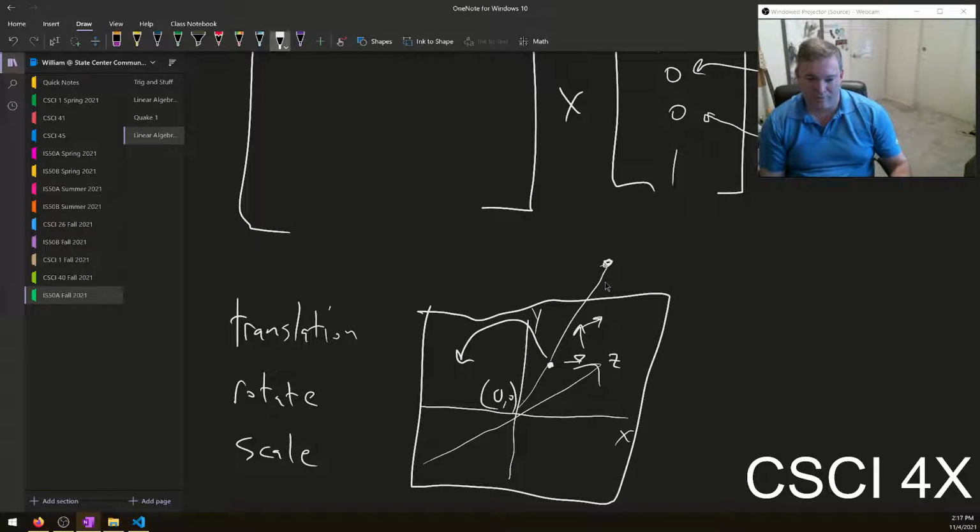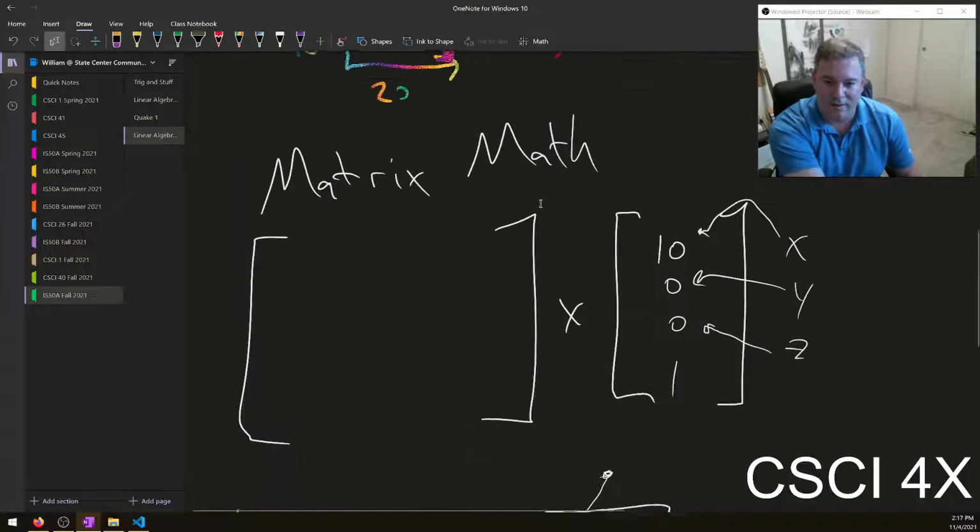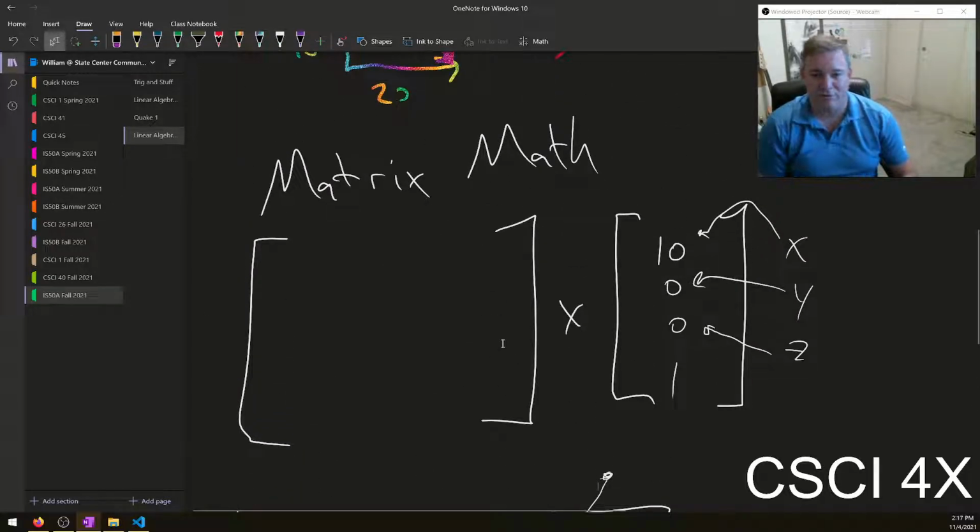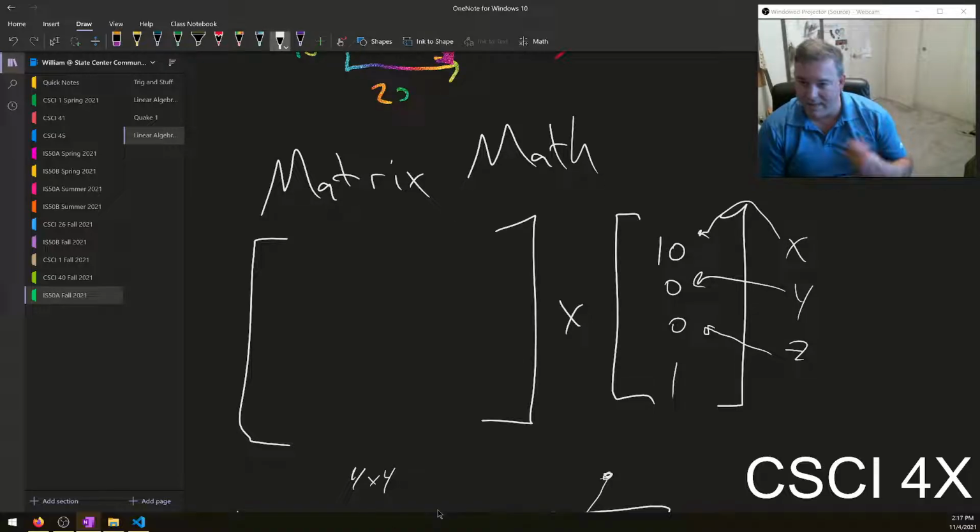All three of these things can be done in a matrix. And so a matrix is typically a 4x4 matrix, and it embeds translation, rotation, and scaling all in one go. So you actually don't have to do multiple steps of math to do translation and rotation and scaling. It's all held in a single matrix.